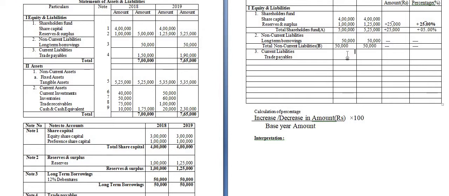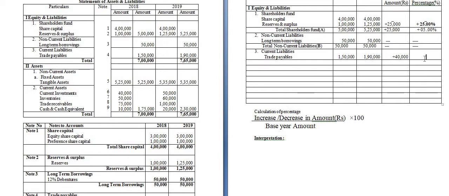And for 2019, how much? 1,90,000. Now find out the change, whether the amount is increased or decreased. The amount is increased. How much? 40,000. How 40,000? 1,90,000 minus 1,50,000.